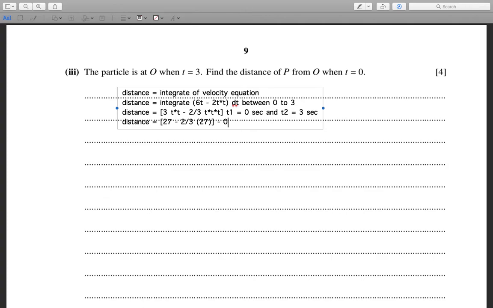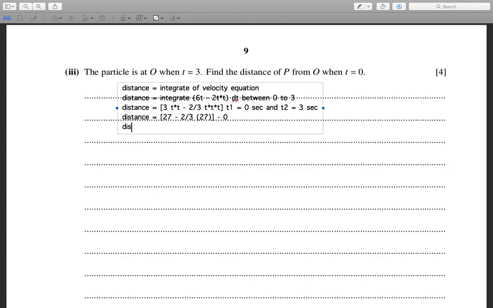So the distance is 27 divided by 3 equals 9, and 9 times 2 equals 18. So 27 minus 18 equals 9.